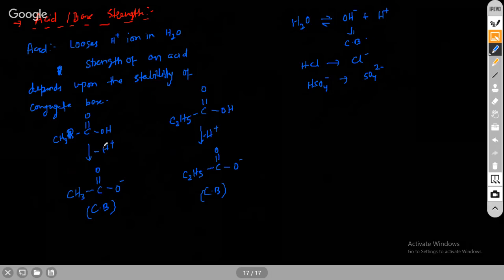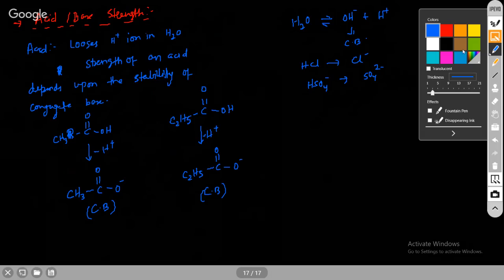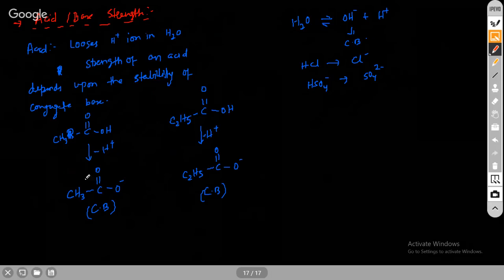Okay, CH3COOH. I'm coming back to this, Pratik. So you see, if you check the stability of these two conjugate bases, that again depends upon the plus I nature of what? Plus I nature of CH3 and C2H5. Both show plus I effect. This is also plus I, and this is also plus I. And because of plus I, we know the stability of anion decreases.